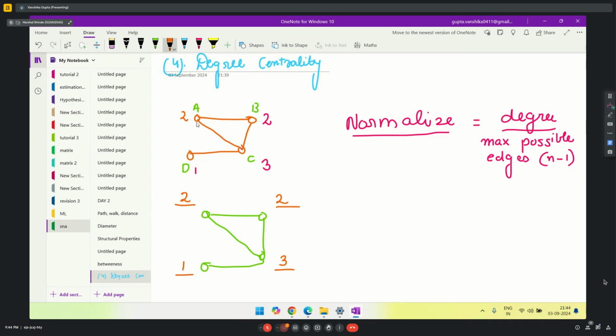So how many nodes do I have in this graph? I have 1, 2, 3, 4 nodes. So this will be 4 minus 1, that is 3. My normalized form will be 2 by 3, 2 by 3, 3 by 3 and 1 by 3. This is my normalized form.